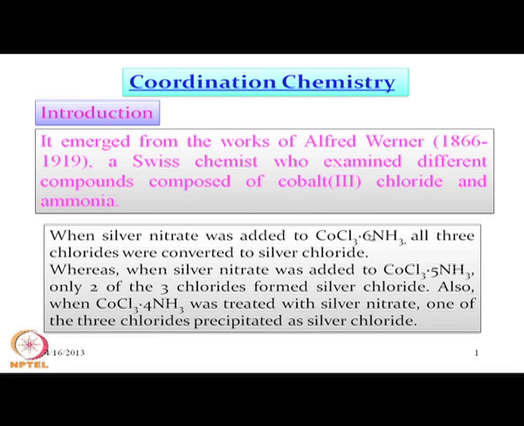So, if it is a typical acid base reaction and we are getting some clue for the formation of the cobalt nitrogen bond, then what is happening with the chlorides already present with the cobalt salt?